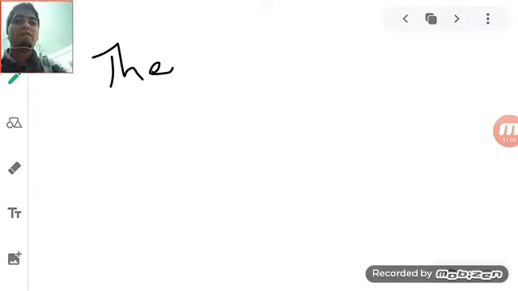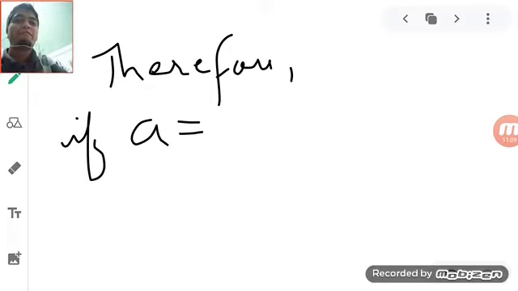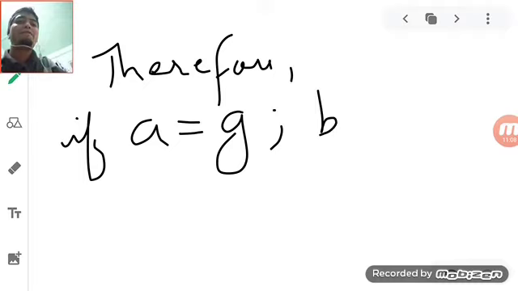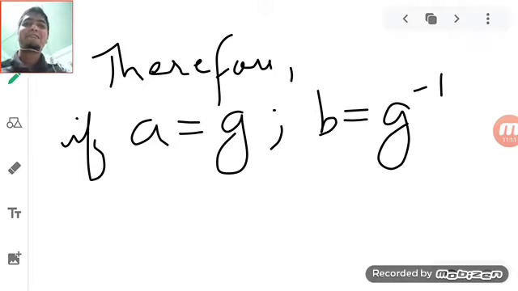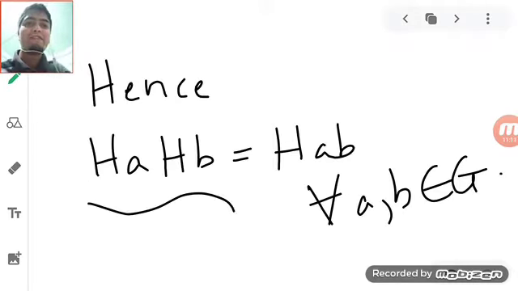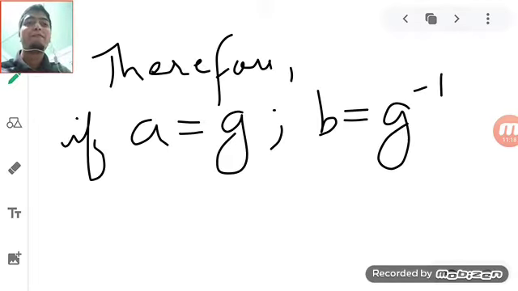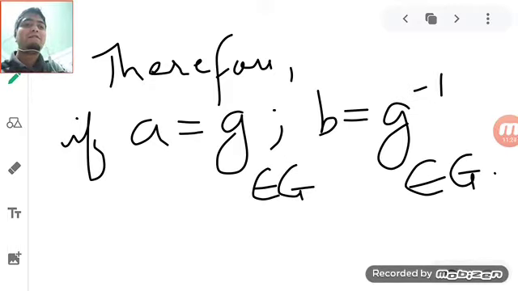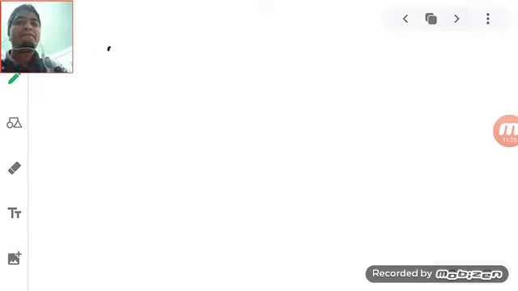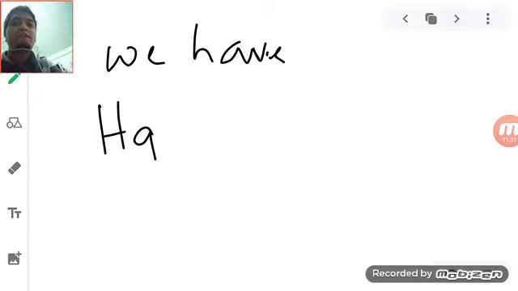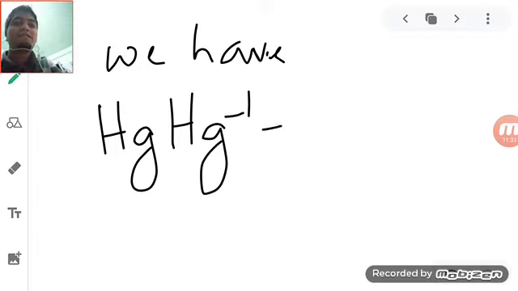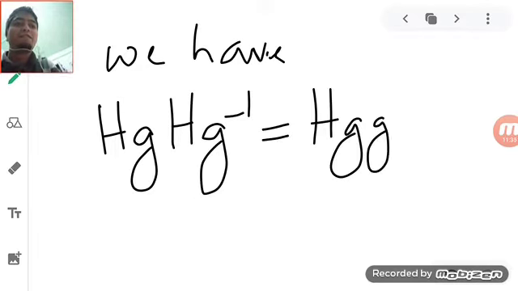Therefore, even if a, you replace it by g, and b, you replace it by g inverse, they are still elements of G. This equation works for all elements of G. So even if you replace them by g and g inverse, which belong to G, we will have Hg Hg inverse equal to Hgg inverse.